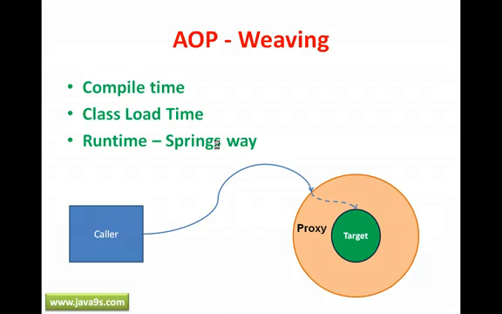Once the method execution is over, Spring again analyzes whether there are any advices that need to be applied for that method after completion, then they will be executed and the response will be sent back. So this way of runtime weaving is said to be an effective way, and Spring uses this kind of weaving. I feel that weaving at runtime keeps the bytecode and source code clean, and it's an effective way.